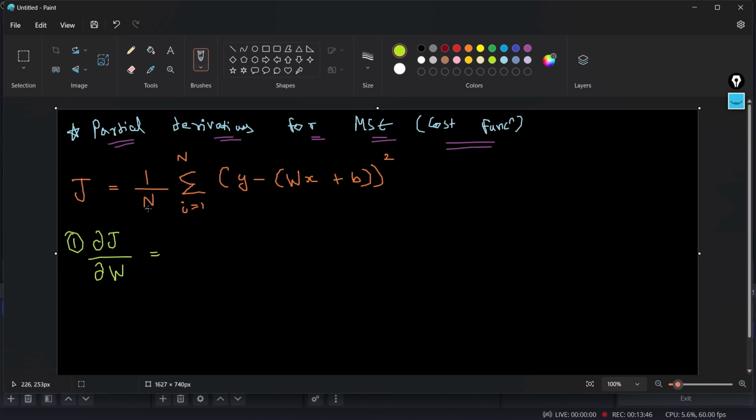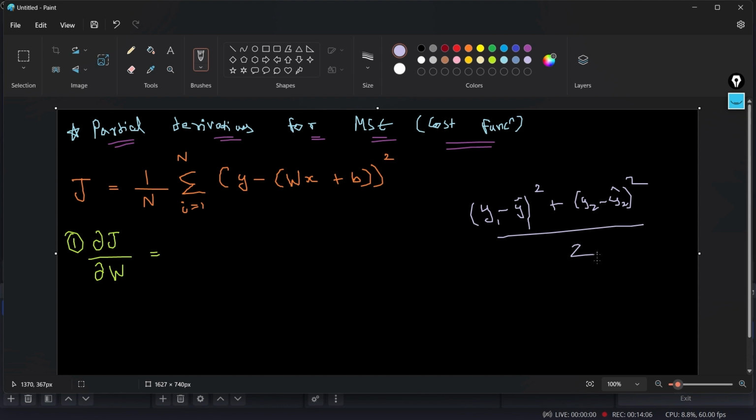So how does it work, guys? If you look at this equation, what does this mean? Let's say for example, we are having 2 rows of data. It means y minus y cap square for that one data, plus let's say this is your row 1, this is your y2 minus y cap 2 square, and then you divide this by 2.